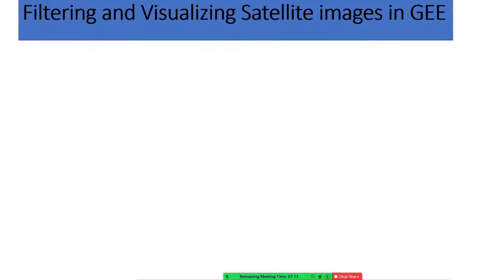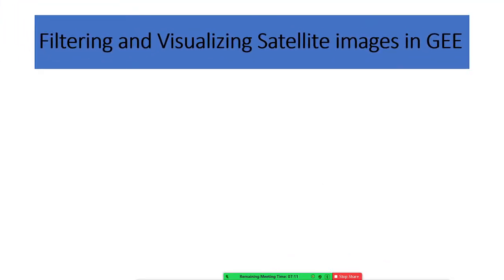Today's first content is filtering and visualizing satellite images in Google Earth Engine. It can be different types of satellite images, such as Landsat or Sentinel. First of all I will discuss this, and it is the same procedure for all of these satellite images; only the image properties change, but the whole process is the same.